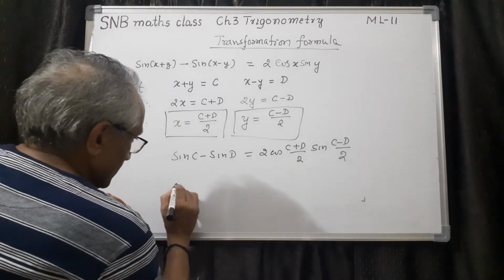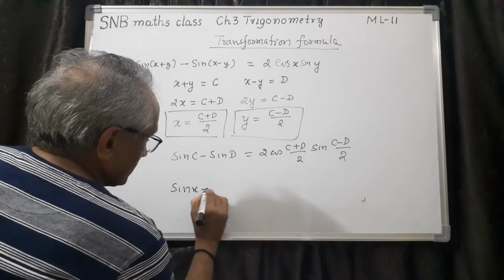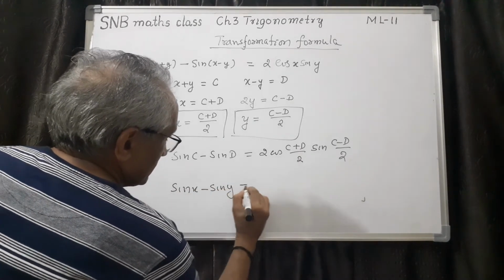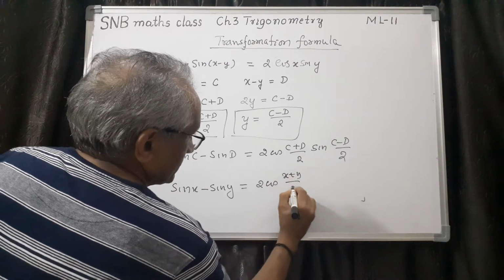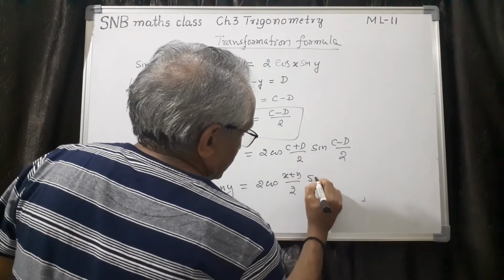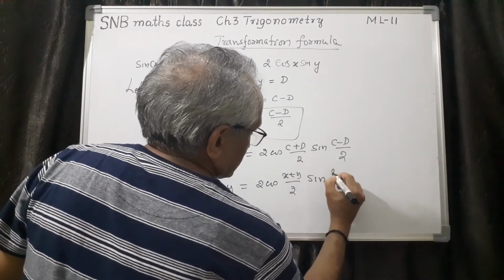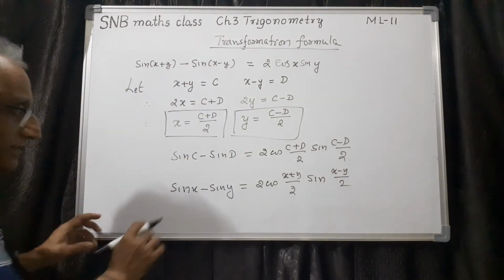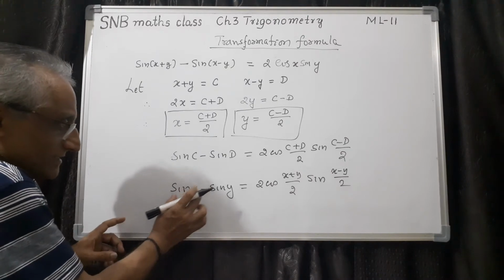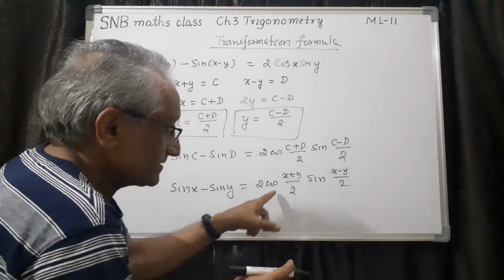Therefore you get the formula sin x minus sin y will be equal to 2 cos x plus y by 2, then sin x minus y by 2. So this is the formula. You have to remember sin x minus sin y is 2, here cos, here sin.